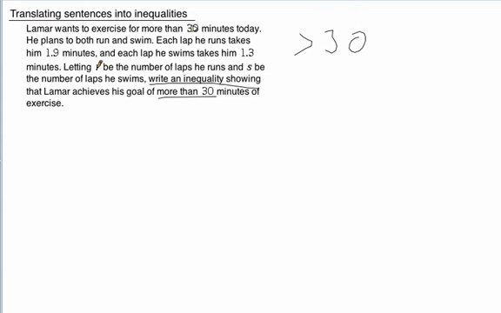Now, R is the number of laps he runs, and each lap he runs takes 1.9 minutes. Okay, if we go back and look, he's going to both run and swim. So we have the run plus swim is going to be greater than that 30 minutes, right?